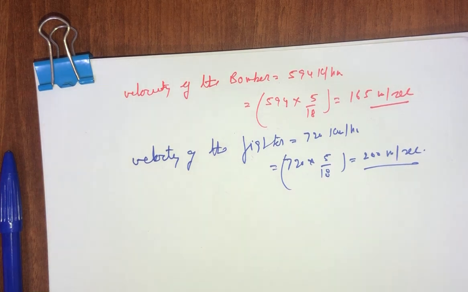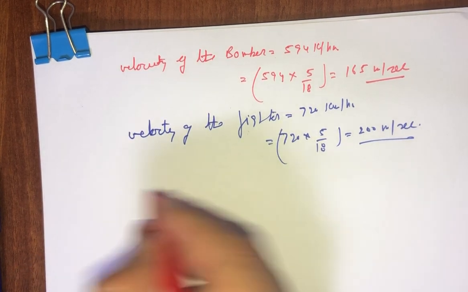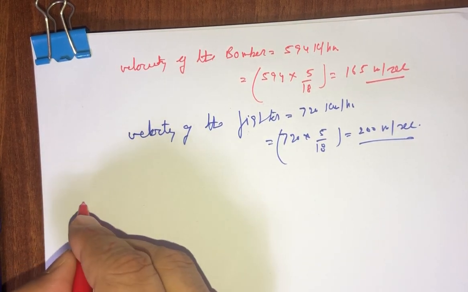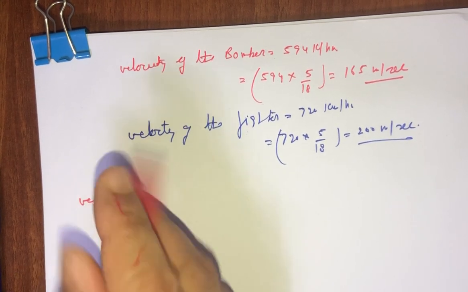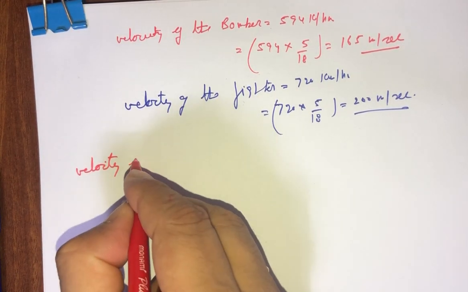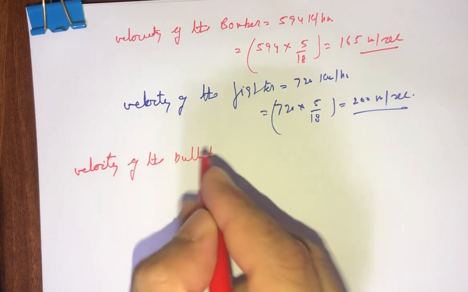Next we find out the relative velocity, that is the velocity of the bullet relative to the fighter.